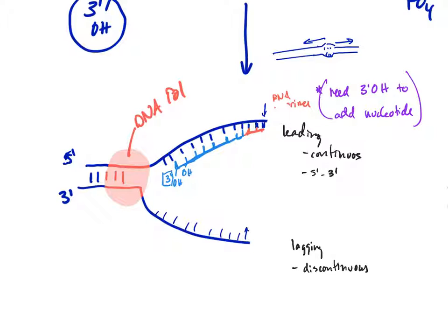Because as this opens, you have a primer set here and a primer that's going to be there, those RNA primers. And then from those primers, new strands get added. But eventually it runs into the primer again. So it actually forms a discontinuous segment.